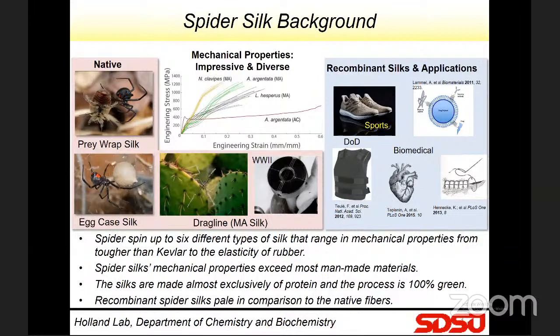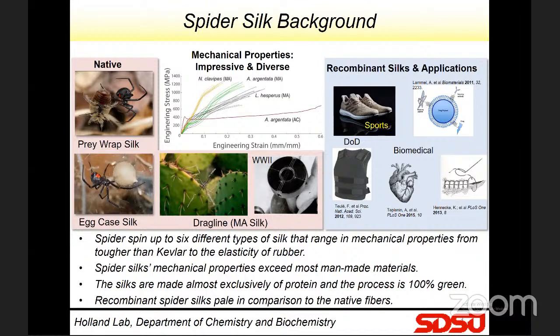What's important to understand about spider silk is it's not just about the commonly studied major ampulate silk, which is an excellent material and one that's been studied quite a bit, but the fact that they make up to 6 other types of fiber materials that vary dramatically in their mechanical properties. They're all strong and tough, but some are highly elastic, some are stiff.